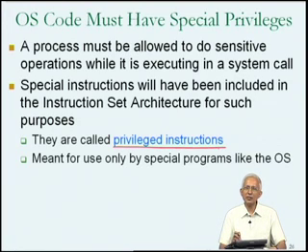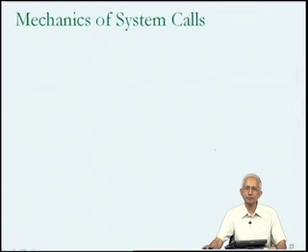So the privileged instructions are included in an instruction set for use by special programs like the OS. The operating system kernel will use many of the privileged instructions. Some of the operating system processes, the yellow circles at the top of our diagram, may also have to use some of the privileged instructions to do the special things that they do.